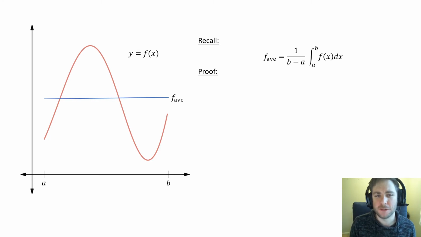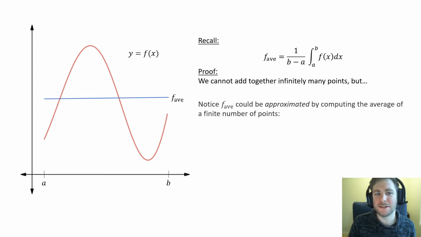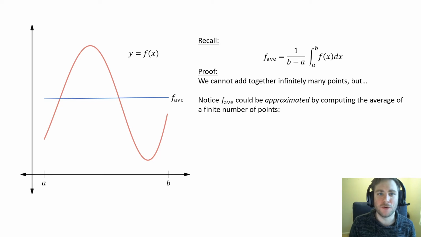The real difficulty with calculating the average value of a function is that there are infinitely many points that need to contribute to our average, but we can't add infinitely many things together. The next best thing would be at least to try to get an approximation of the average, right?